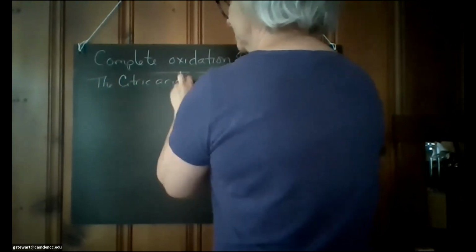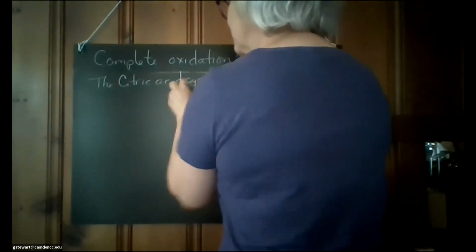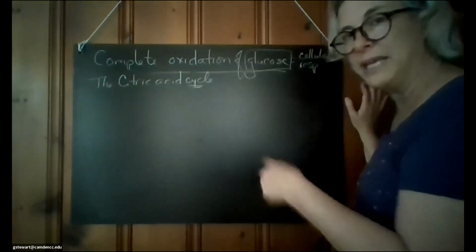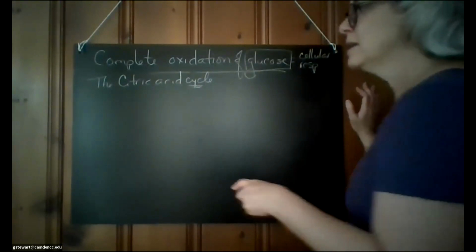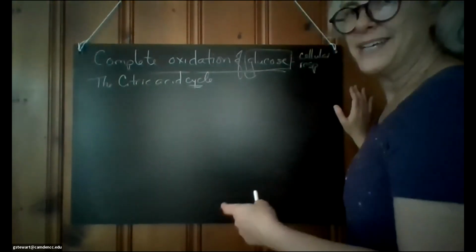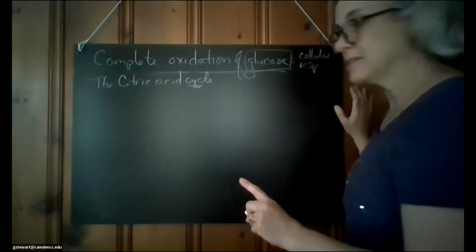Your textbook is referring to it as the citric acid cycle. All of the names are going to have cycle in them because it's a circle, okay? Meaning there's really no beginning or end. It's running all the time. It's called the citric acid cycle because citrate or citric acid is the first intermediate on the cycle.